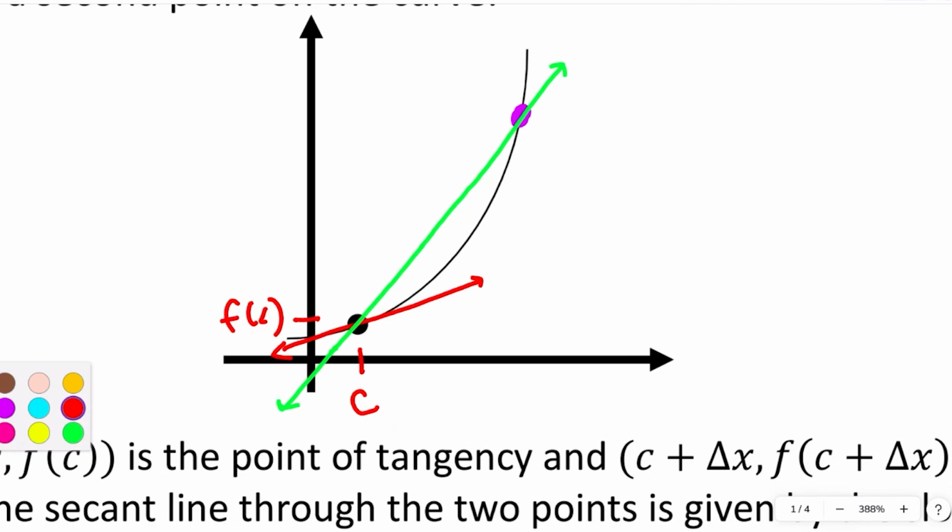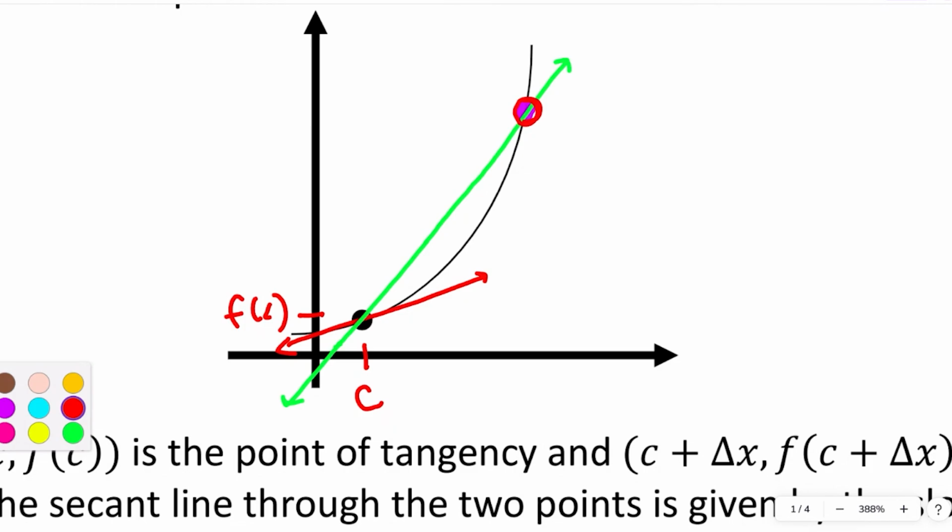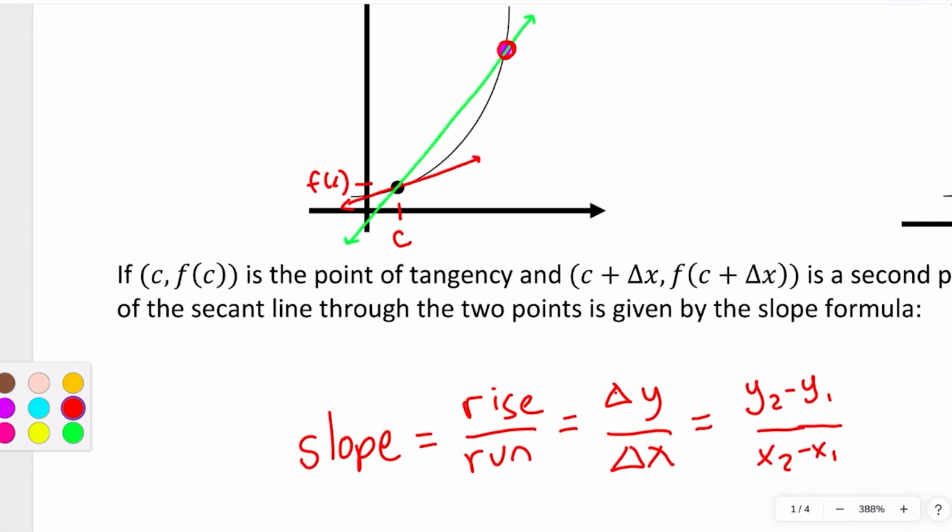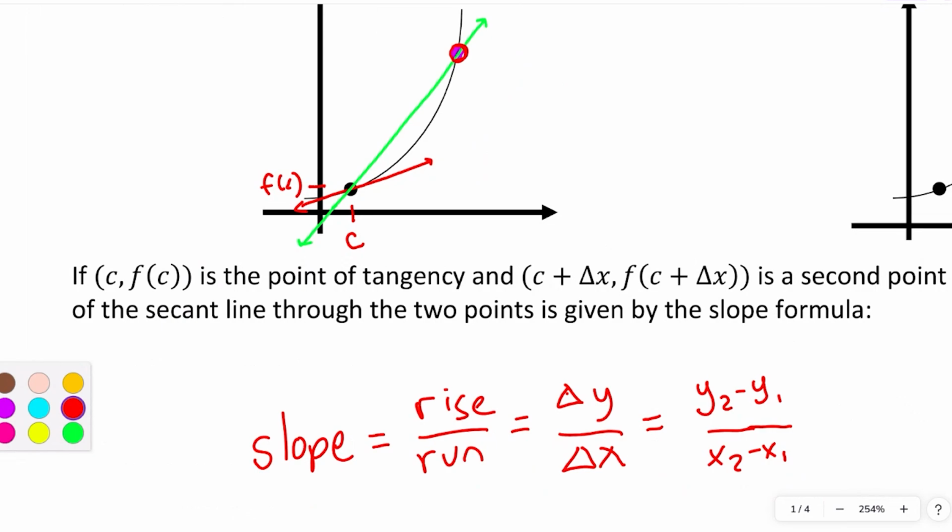Now we want to be able to refer to this other point that we're picking up here. And so what we're going to say is that if we're going to use this slope formula and that other point, the distance between C and that other point, the distance from here to here, where the x value of the secondary point is what I'm going to call the change in x, right? x2 minus x1, or delta x.